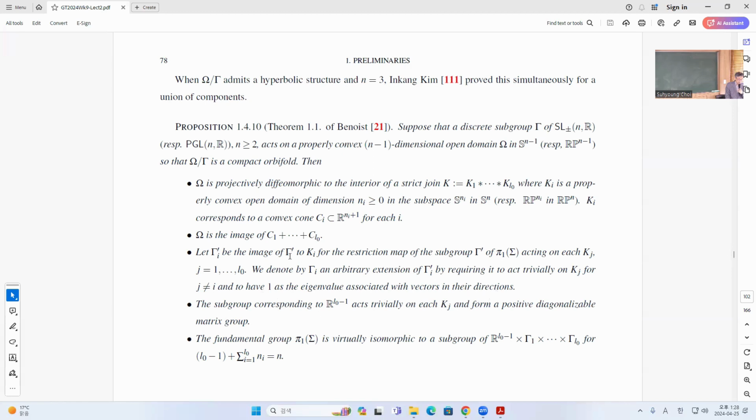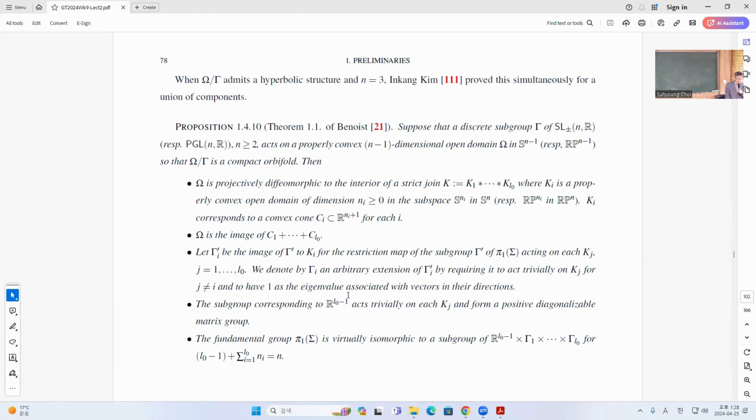So you can restrict this Gamma prime to K_i, and let's denote Gamma_i by extending this, requiring a trivial action on K_j.